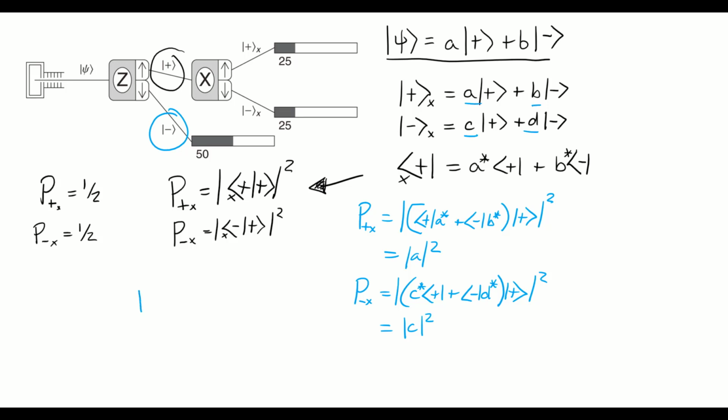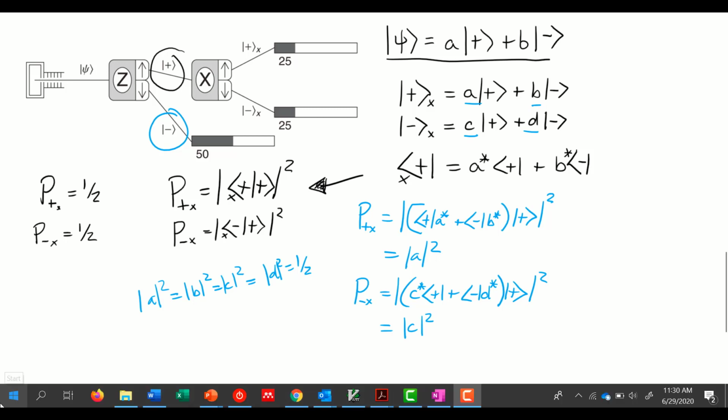So we have a squared is equal to b squared is equal to c squared is equal to d squared is equal to 1/2. We're not done yet, though. What that tells us is that these complex numbers have a magnitude of 1 over root 2, right? So we still don't know everything we need to about those state vectors.